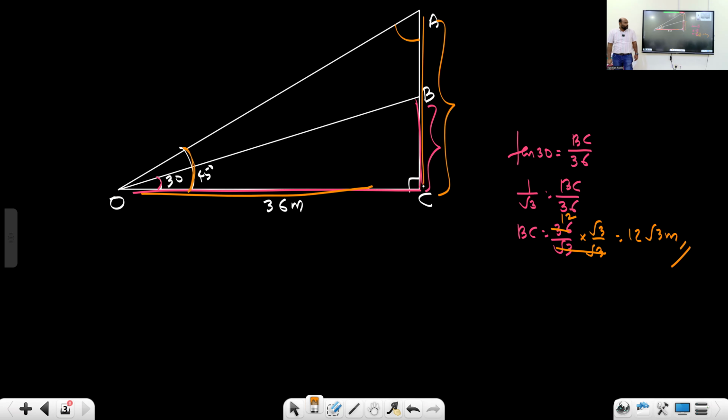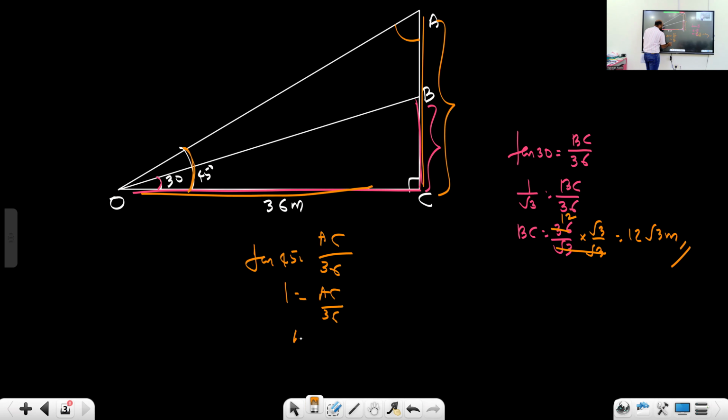I saw the paper. In triangle OCA, AC equals OC, or if you want trigonometry, you can use it. It is your choice. Tan 45 equals AC by 36. What is tan 45? 1.